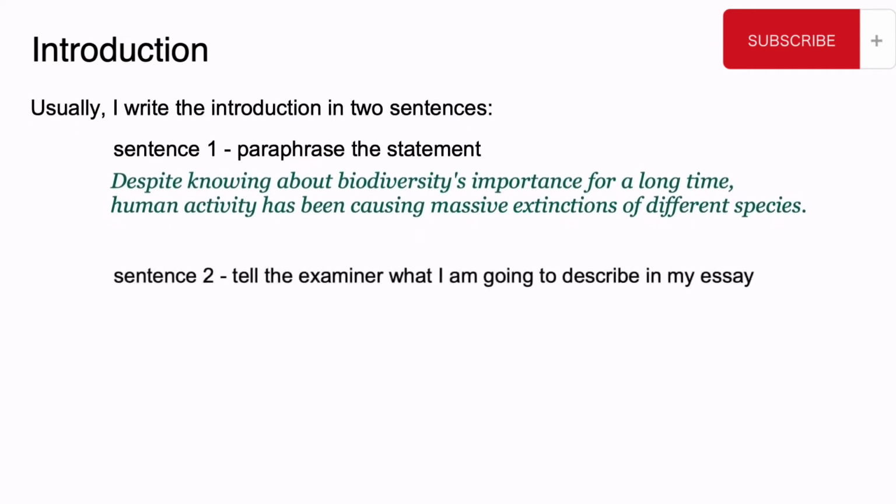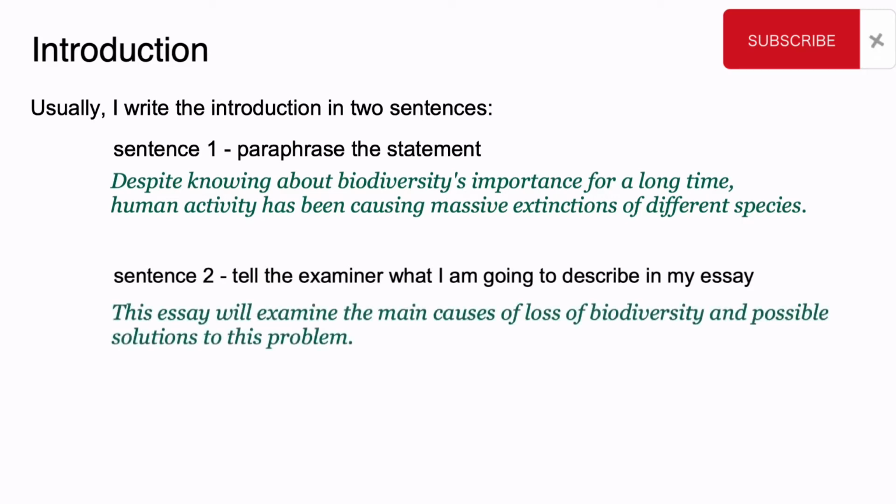In the second sentence, I tell the examiner what I'm going to describe in my essay. And here is how I wrote it. This essay will examine the main causes of loss of biodiversity and possible solutions to this problem. Look at how I started this sentence.